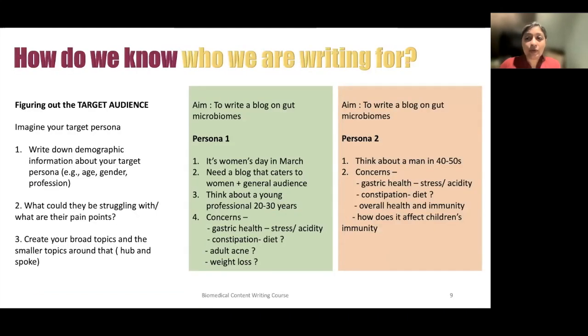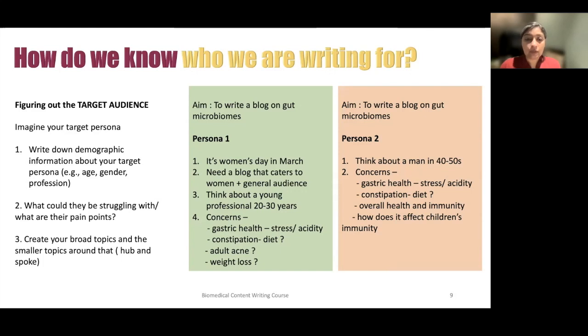How do we know who we're writing for? As writers, we have to understand in the online world, we may be writing for two different sets of audiences. We may be writing for patients or consumers, and that's called B2C content, right? Or we're looking to write for another industry or another business or another organization within the healthcare industry.